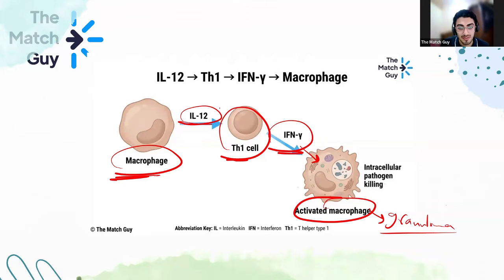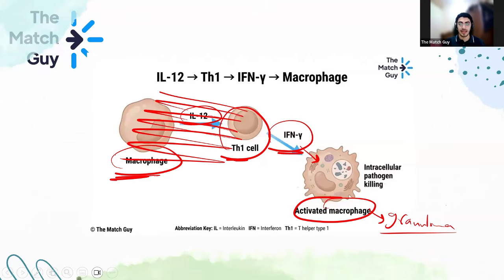So if the patient is having an interleukin 12 deficiency, this step will stop and the body won't be able to form the granuloma. That's why he will start having disseminated TB to his lungs, to his liver, to his spine. But if you give this patient interferon gamma from outside, the interferon gamma will activate the macrophages directly without this step.